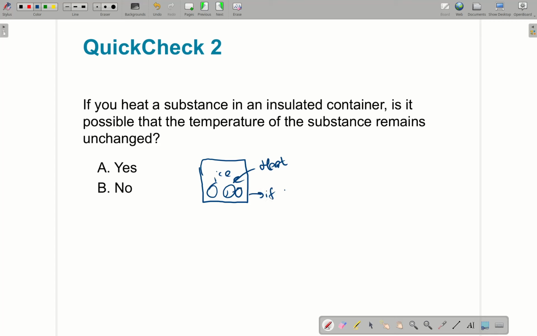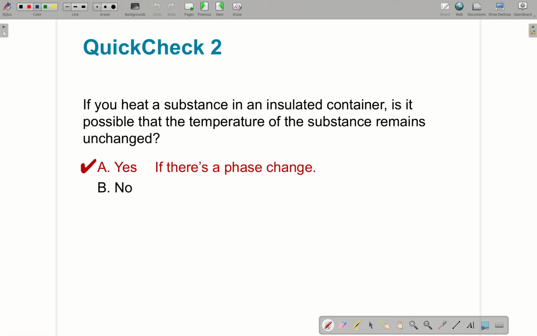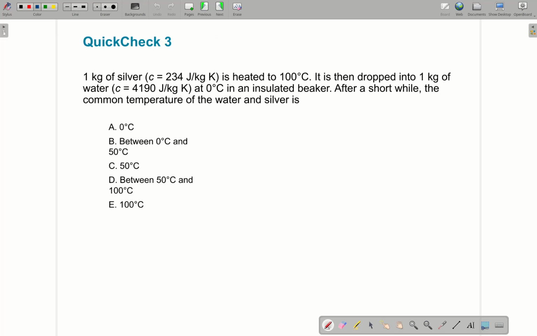If it's melting, the temperature can't change. Delta T is 0, no change in temperature. So if there's a phase change, temperature will stay constant, although we are giving heat to the system or taking away heat.